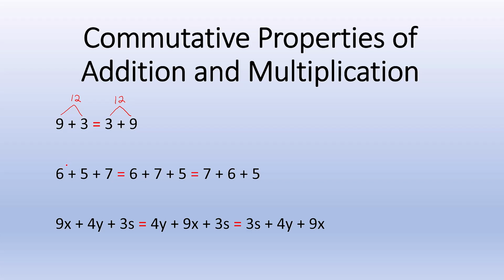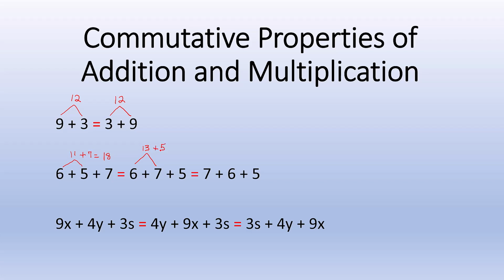So, in this first example, I have 6 plus 5, which gives me 11. 11 plus 7 would give me 18. In the second one, I have 6 plus 7, which gives me 13.